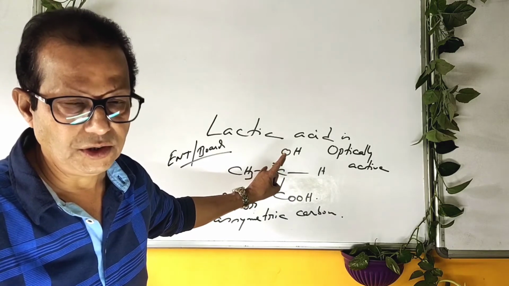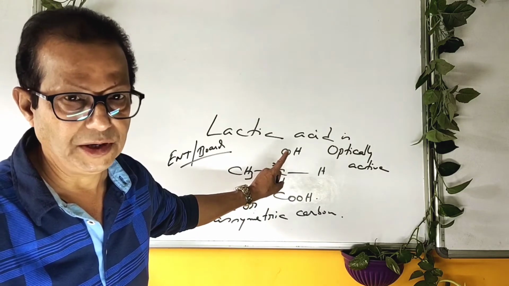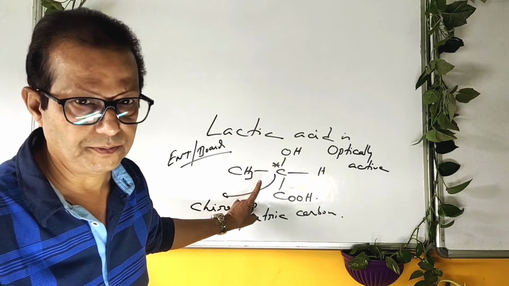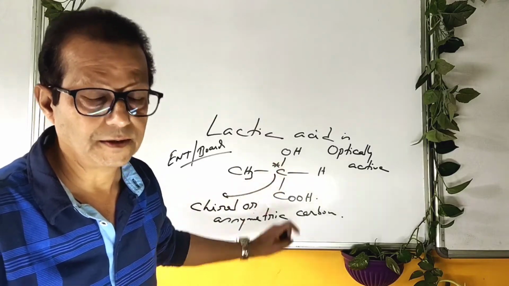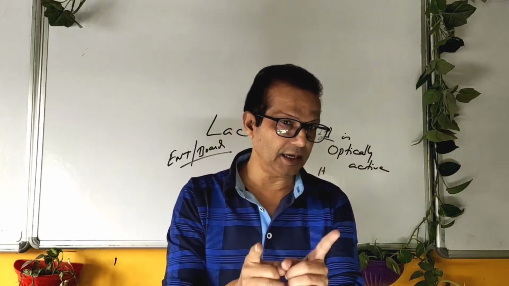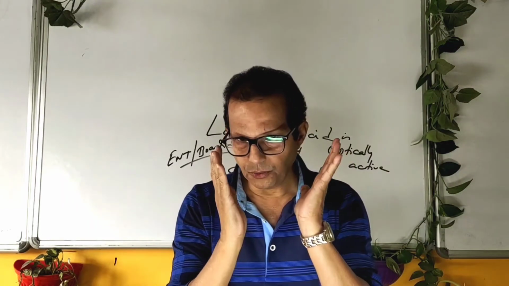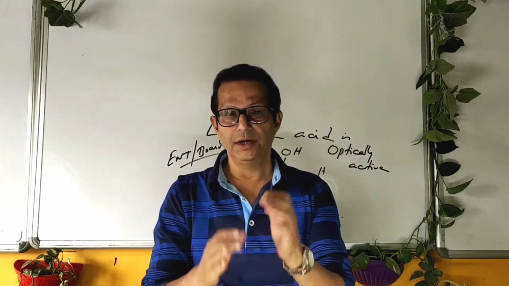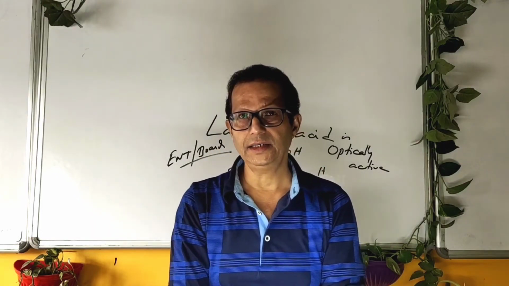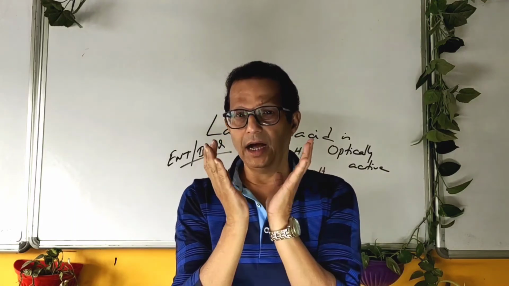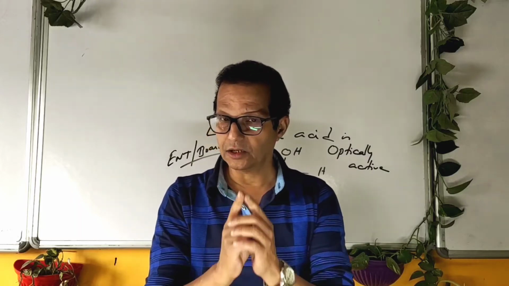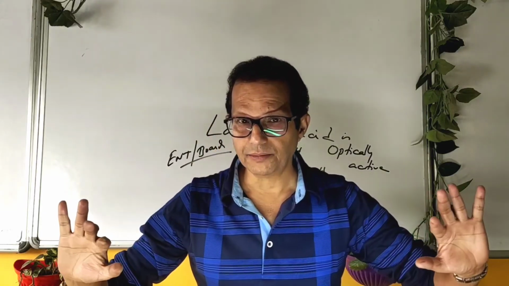It forms a non-superimposable mirror image. It has a chiral or asymmetric carbon atom. But understand it, the lactic acid which we get during the reaction of acetaldehyde and hydrocyanic acid on acid hydrolysis is optically inactive.